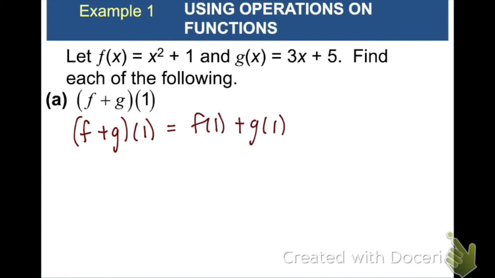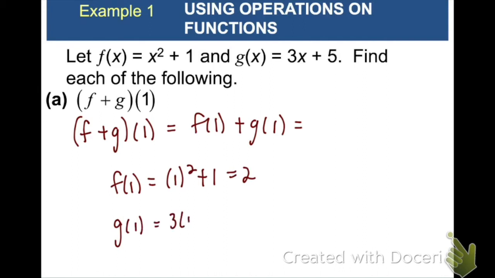So that's what we're doing. We're going to plug 1 into function f, see what we get, plug 1 into function g, see what we get, and then add our answers together. So f of 1, we get out 2, and g of 1, we get out 8. So 2 plus 8 is 10.